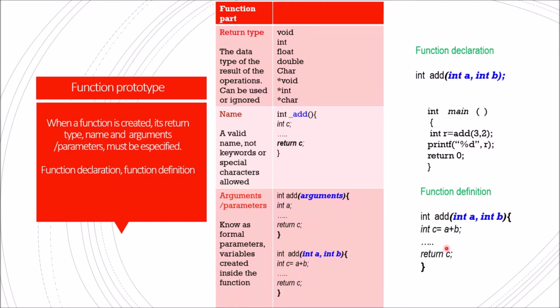Because this function is returning a value, I must collect that result into a variable of the same type, integer, like in here, this r. So I will be able to use it later in this printf that is asking for an integer, and I'm going to print here the result r.